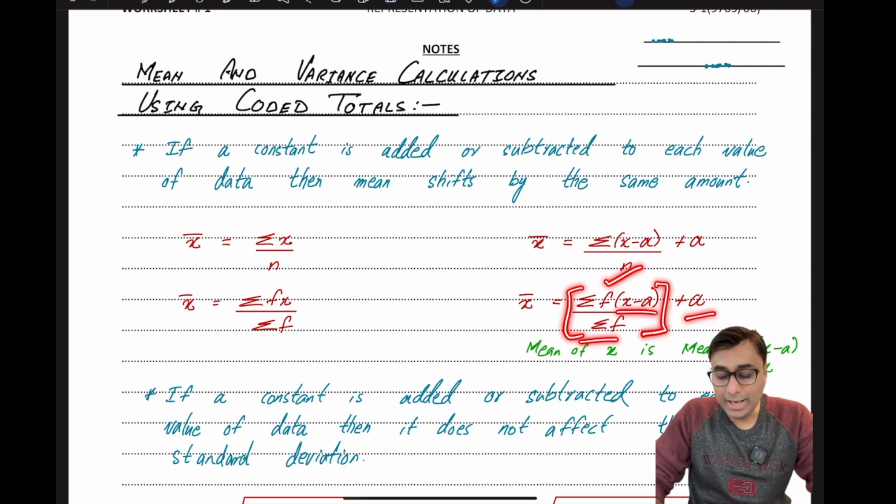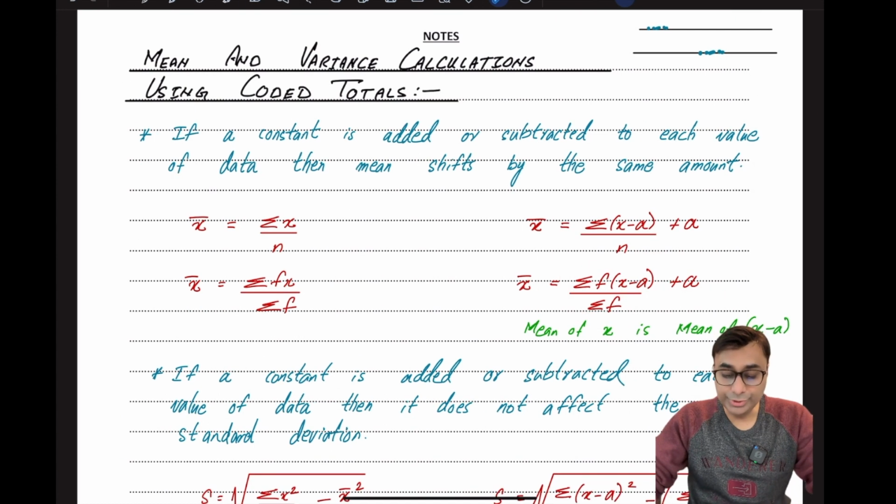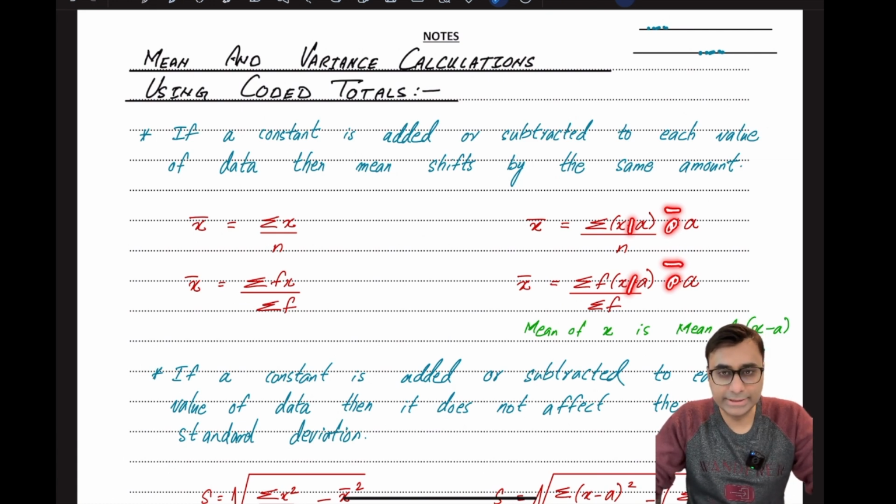And if I add a to it, then that will become the mean of x, that is the original data. So what you need to remember is that if a was being subtracted, then you add a to the mean. Or if there was a case where a was being added, then in that case you will subtract a from the mean to get the mean of the original data x.